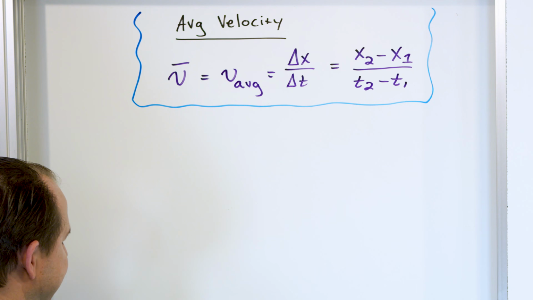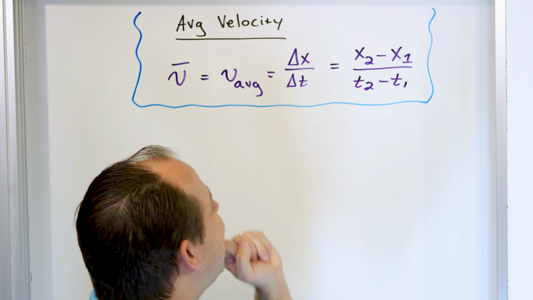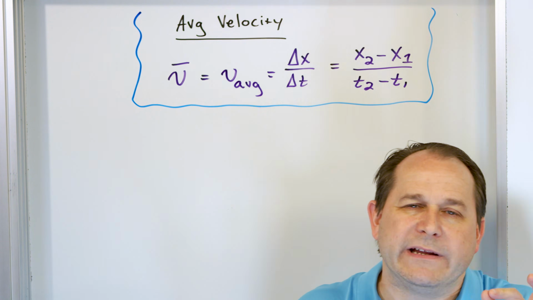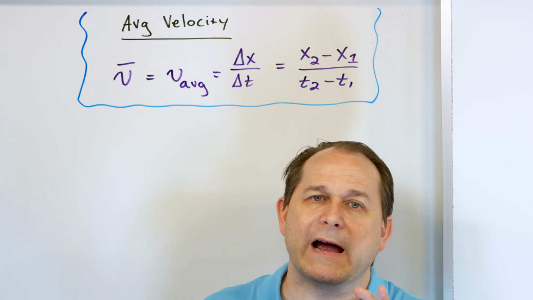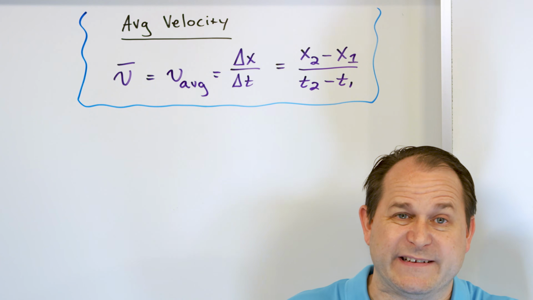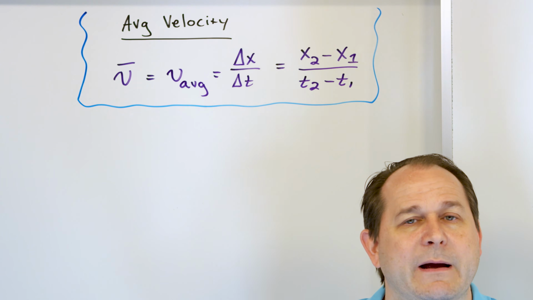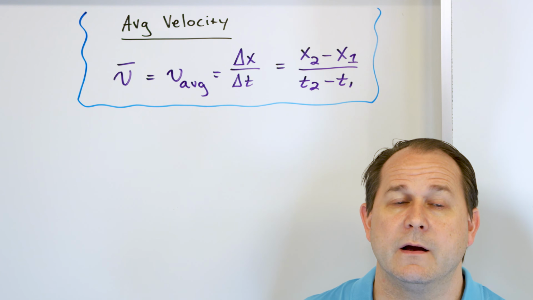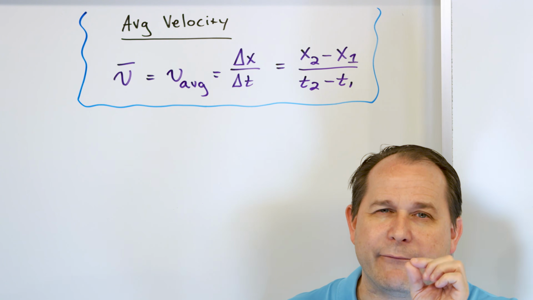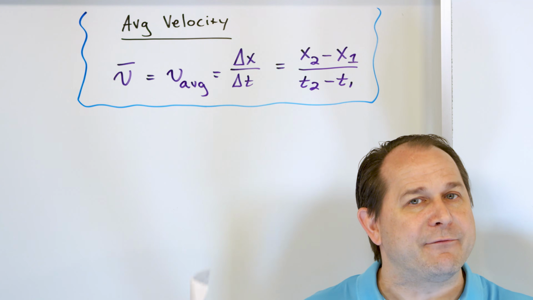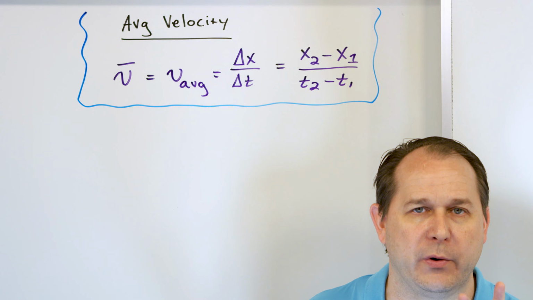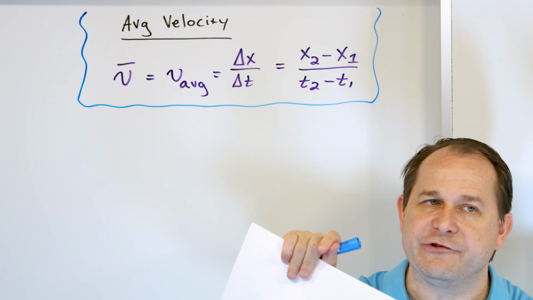All right. Now the other thing I want to say about the average velocity is that in real life, when things move, they can sometimes be speeding up if you're accelerating in a car, and sometimes slowing down if you're braking in a car. So at every moment of time, the velocity is changing. But when we calculate the average velocity, we're only looking at two points along the path, the initial and the final.